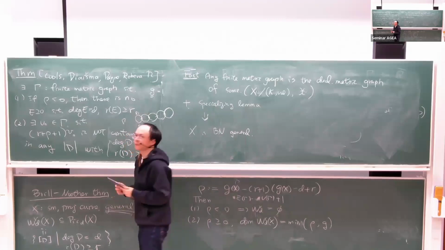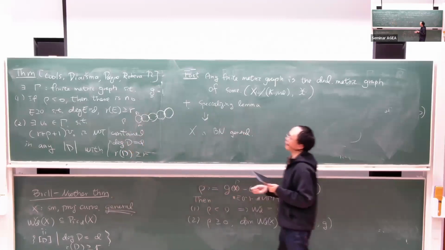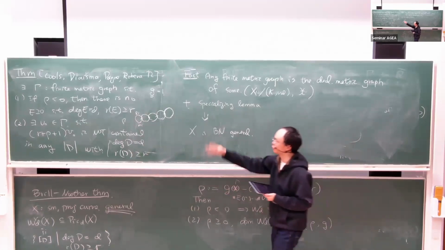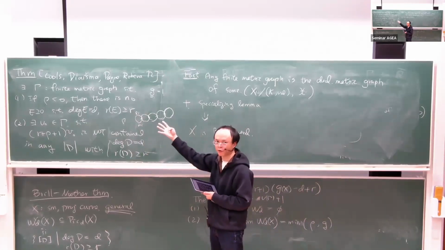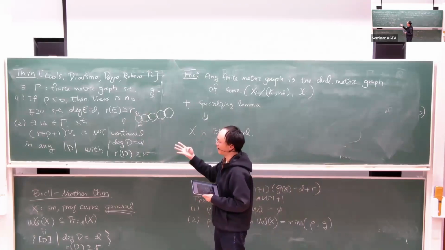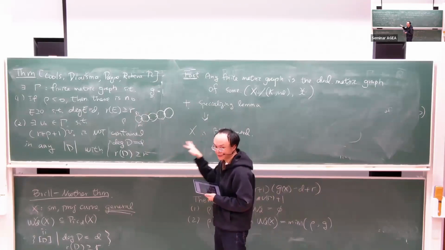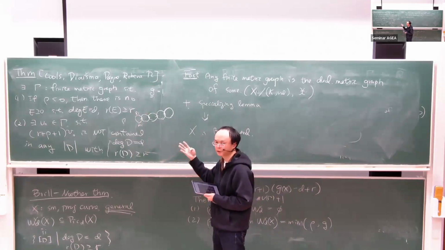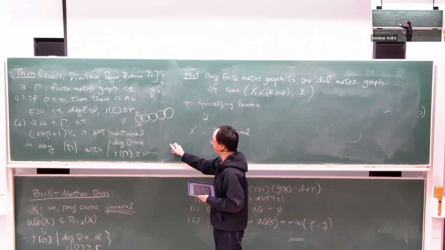So anyway, the point is that you can translate Brill-Noether theory into some purely combinatorial problem through this metric dual graph and the specialization lemma, which relies on the divisor theory on graphs. Roughly speaking, you have two processes.